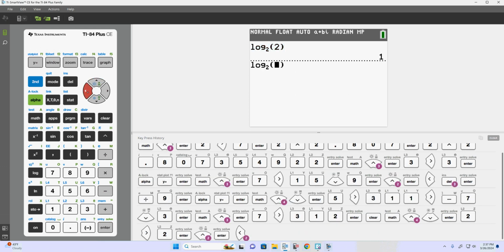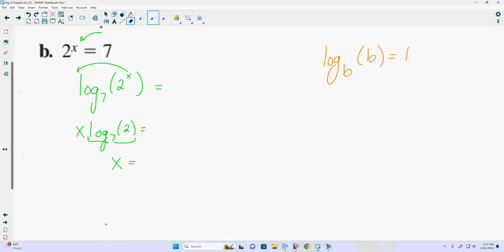And let's see what that is. Well, that's not a nice number. That doesn't work out as well. It still would work, but it doesn't give us as nice of an answer. So we chose 2 because log base 2 of 2 is 1, leaving us with x.